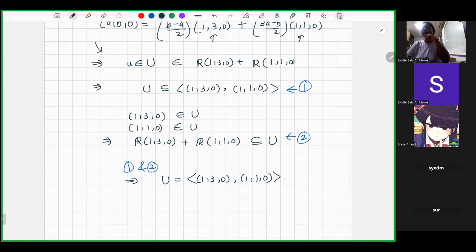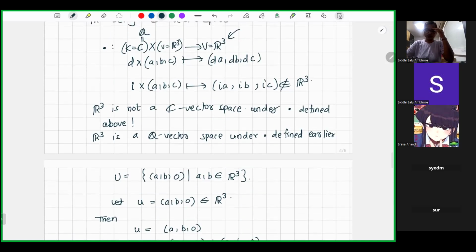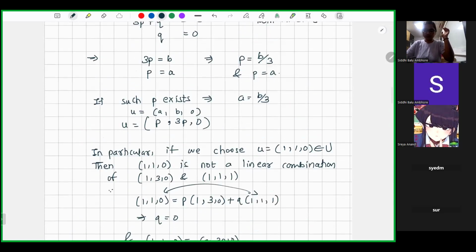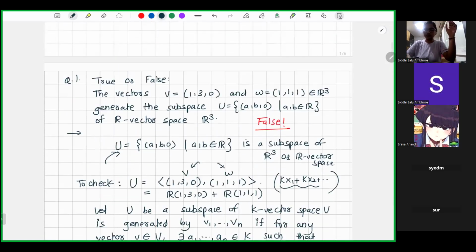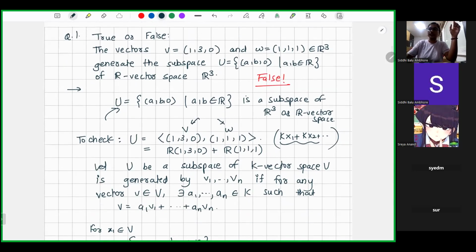So for those who are not here, what we did was we tried to solve this question. The vectors were V and W, and we wanted to check whether this U is a subspace generated by V and W or not.